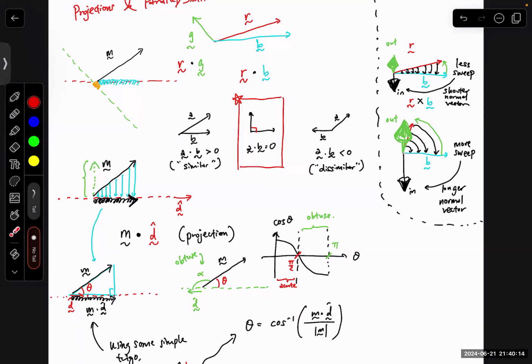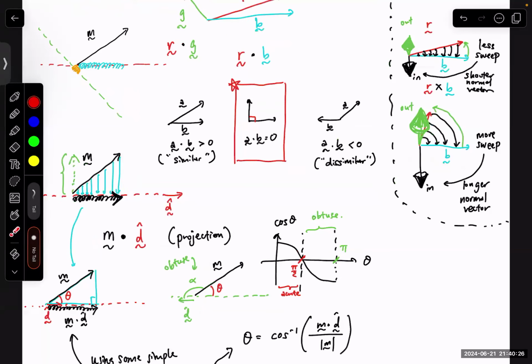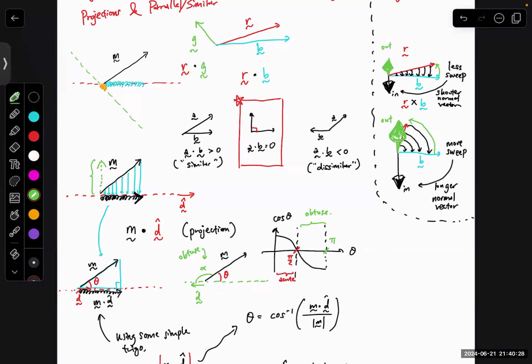And this is the same length as the cross product. So for example, in this case, this will be vector M cross vector D hat.